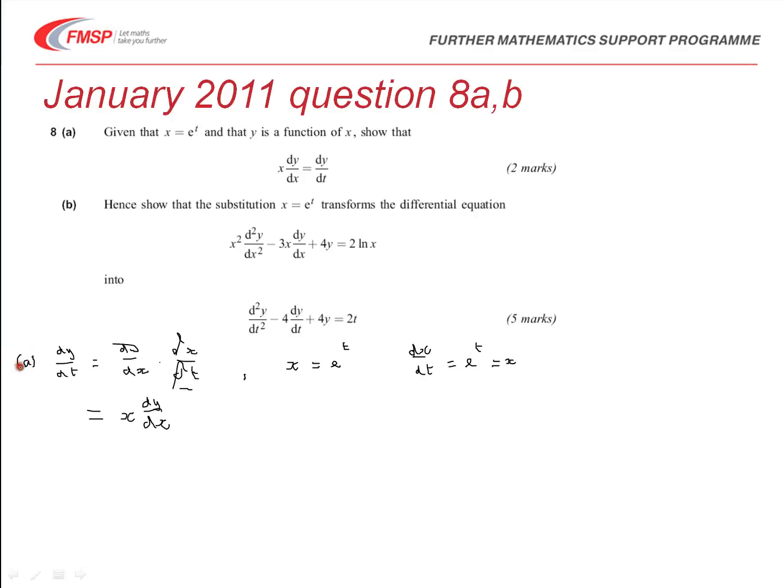Part B, then, we've got to use this substitution to convert from dy by dx and d2y by dx squared and x in this second order differential equation into a differential equation in terms of y and t. So, what can we use?